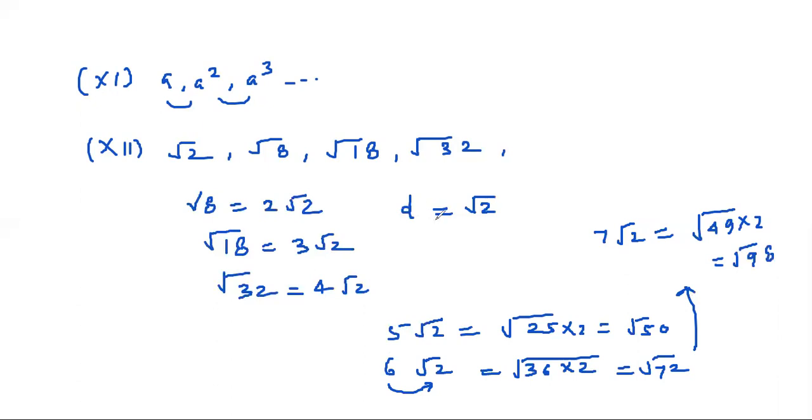Now let's go to part 13. It is root 3, root 6, root 9, root 12. It will not be an AP because common difference is not constant.